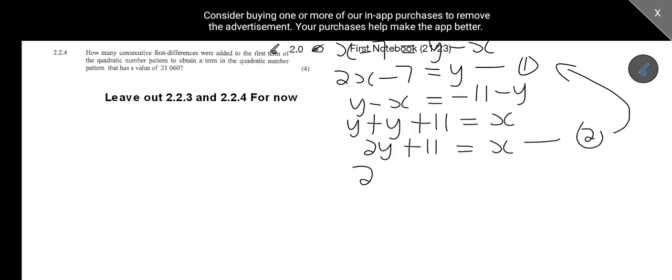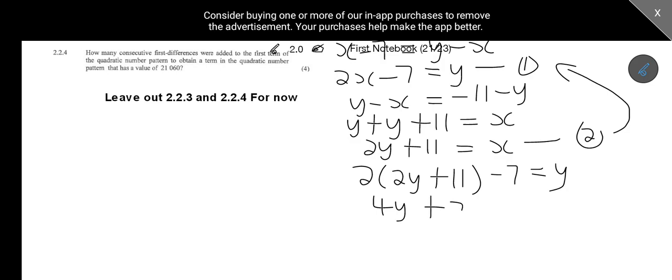Then 2, where we see x, we plug 2y plus 11, minus 7 is equal to y. What is 2 times 2y? That gives us 4y. 2 times 11 gives us 22. Minus 7 is equal to y.